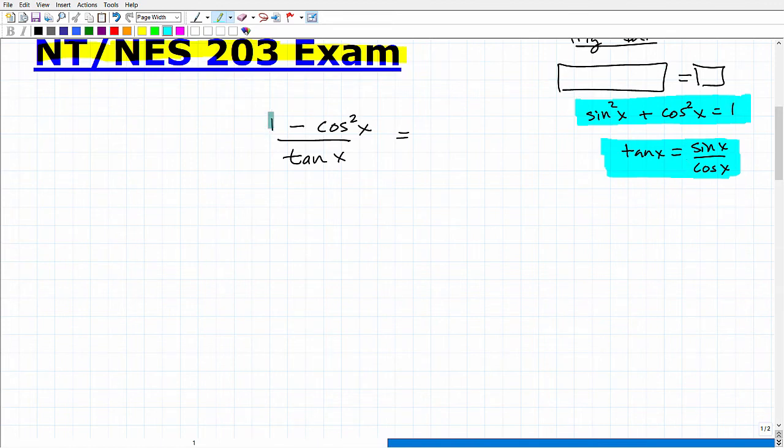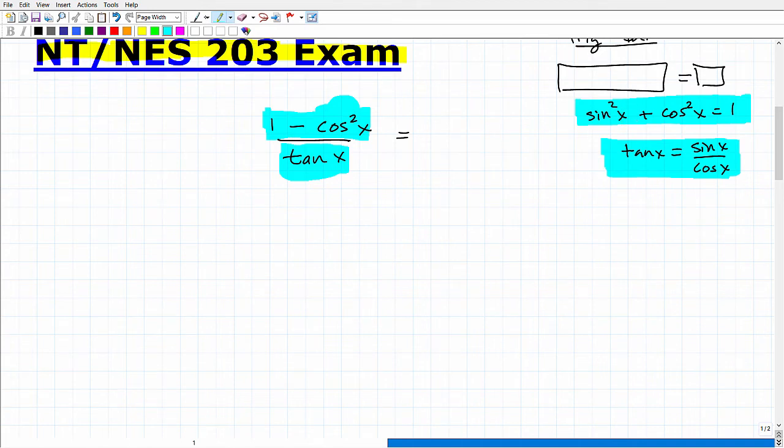So here we have 1 minus cosine squared x, and then we have tangent x here. Well, we can't really do anything in terms of simplification until we get the same trigonometric function in both the numerator and denominator. So we have to look and see, 1 minus cosine squared x, what can I do here?